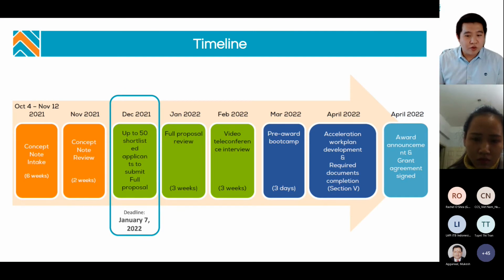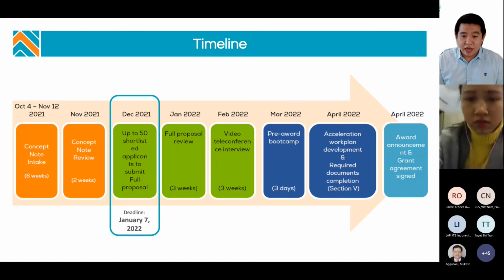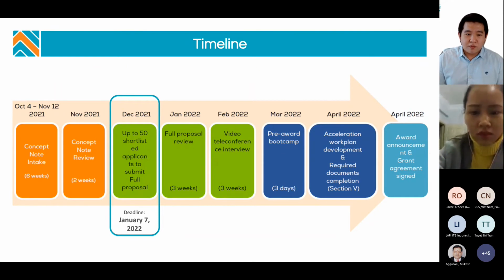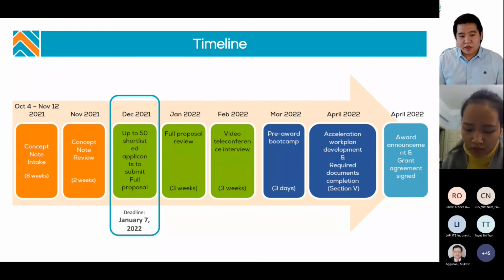We will also work with you to develop the acceleration work plan, which will tell you what we're going to do together and what TA you require, and we can finalize it together prior to the award announcement in April.